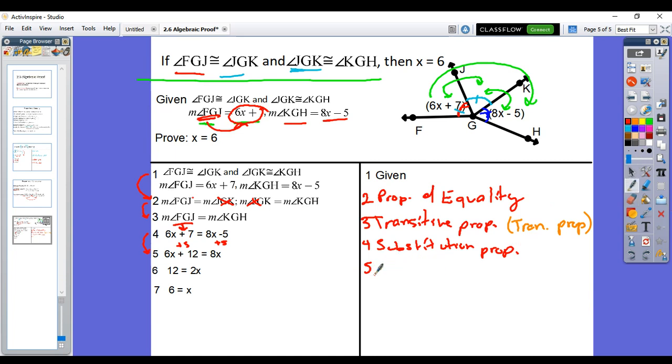All right, we just call it addition property or add property. From 5 to 6, what did we do? We subtracted 6x from both sides, so subtract property. And then from 6 to 7, we divided both sides by 2, or division property.